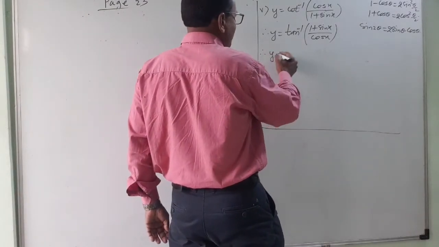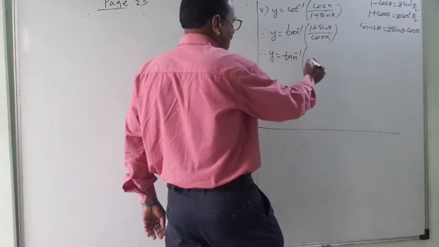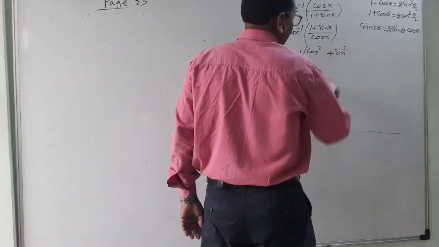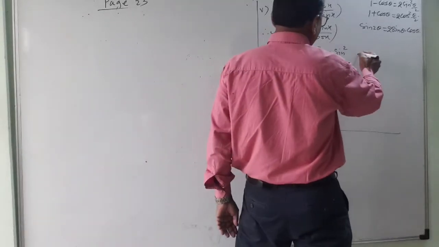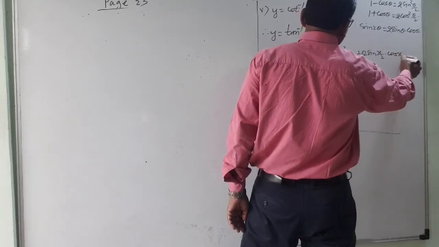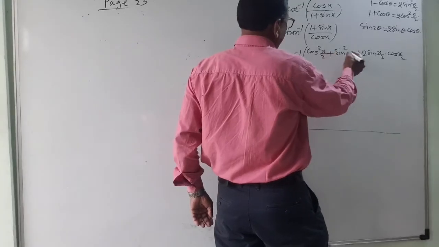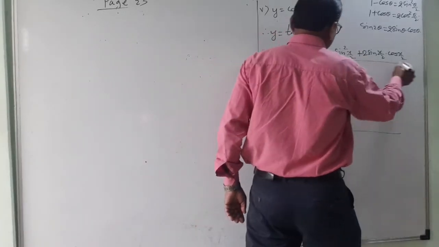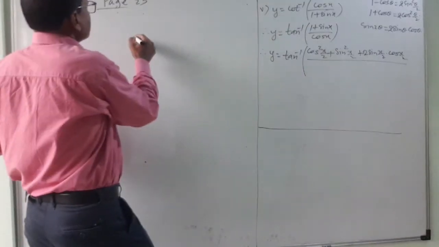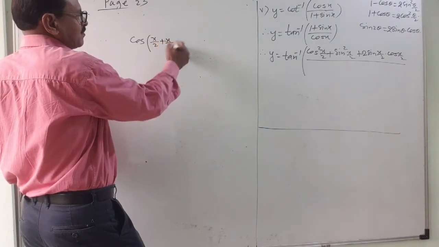Therefore, y is equal to tan inverse of, this 1 I will write as cos square plus sin square, and this sin I will write as 2 sin of x by 2 into cos of x by 2. As here the angle is x by 2, here also I will take the same angle x by 2 upon. Now cos of a plus b, this I will expand. x I will write as x by 2 plus x by 2.